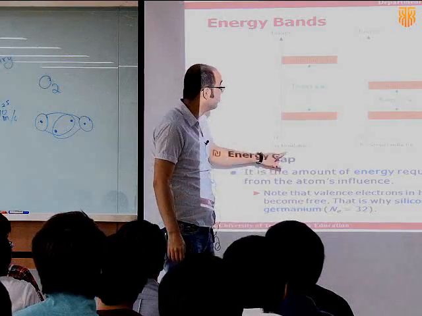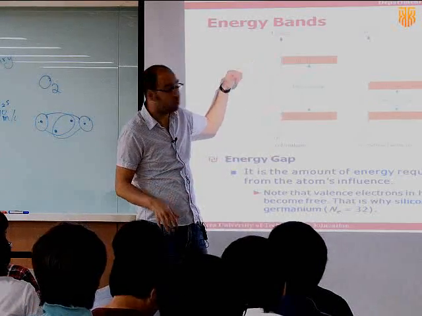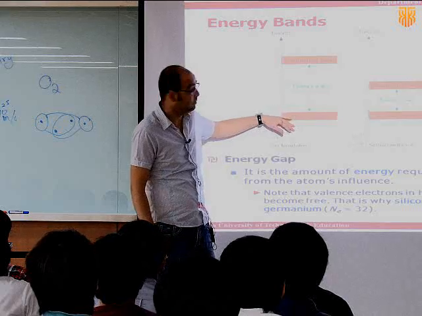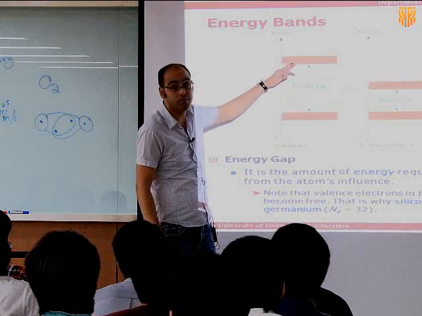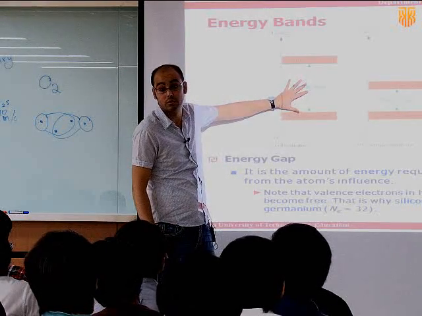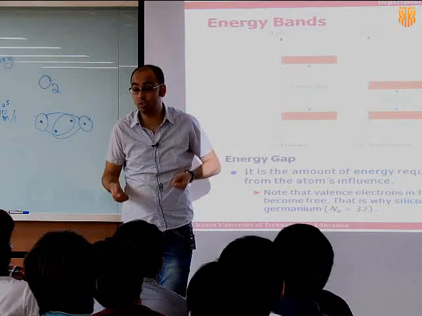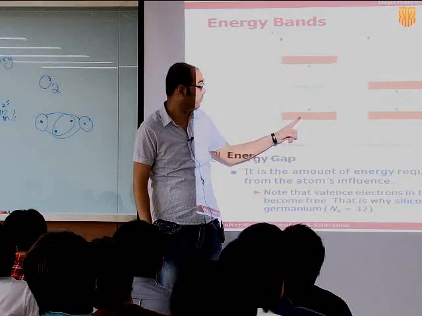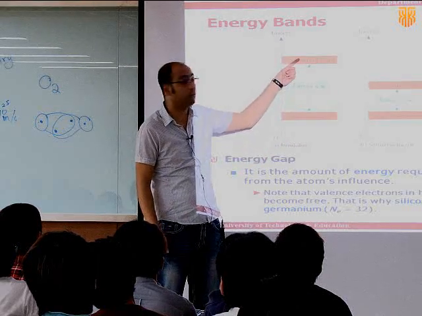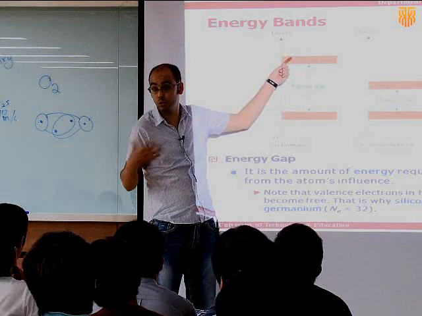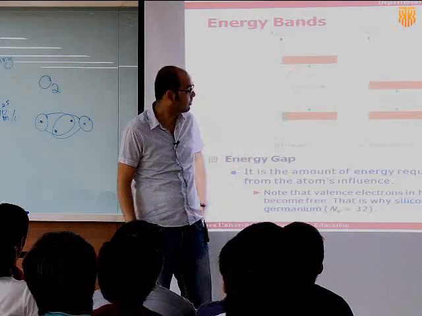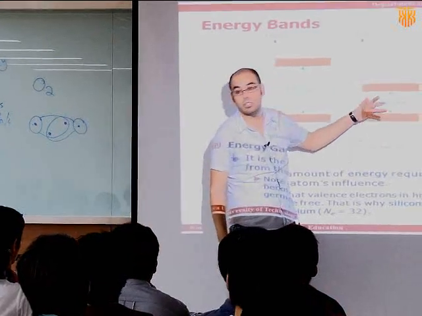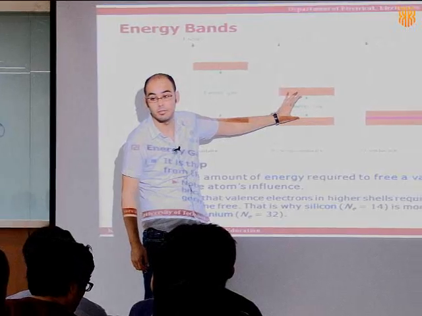So in insulators, the gap between the valence band and the conduction band is huge. You need huge energy to make the electron move from the valence band to the conduction band so it can conduct. A huge one. In semiconductors, we have a medium gap. Okay?